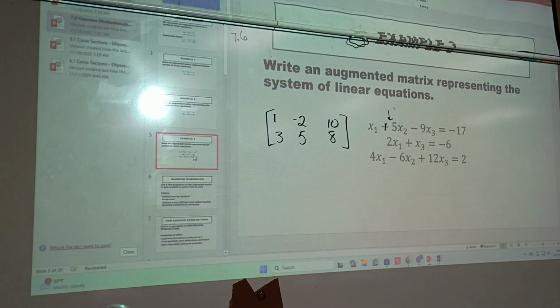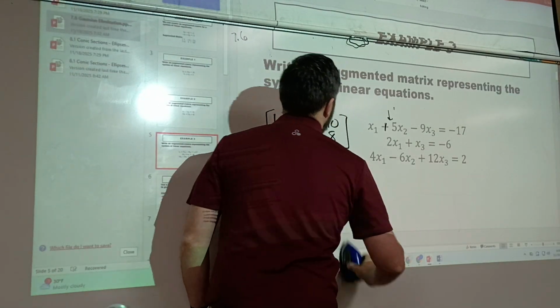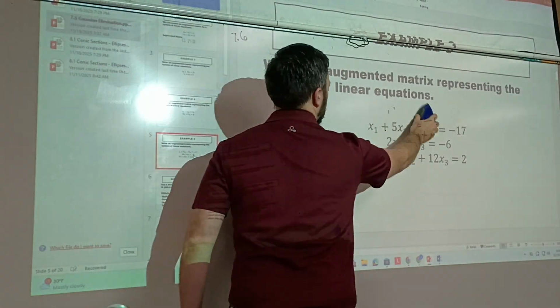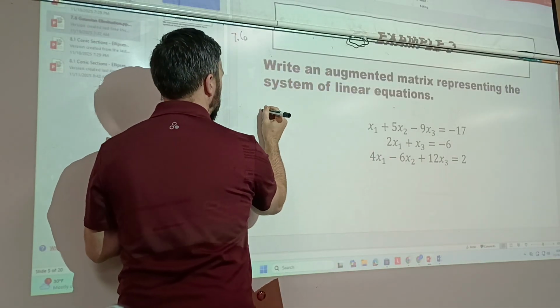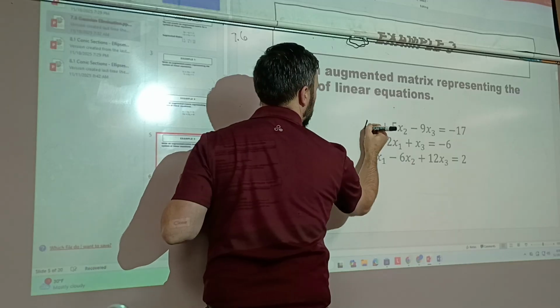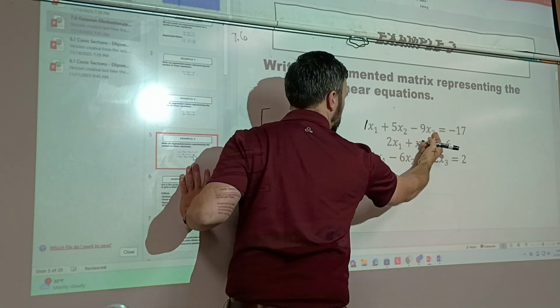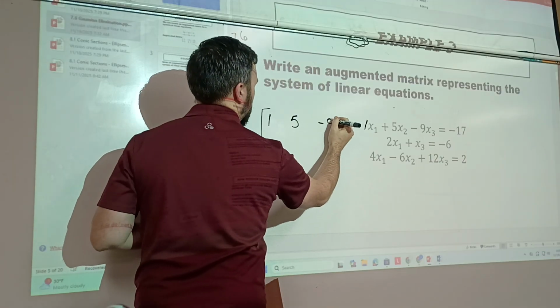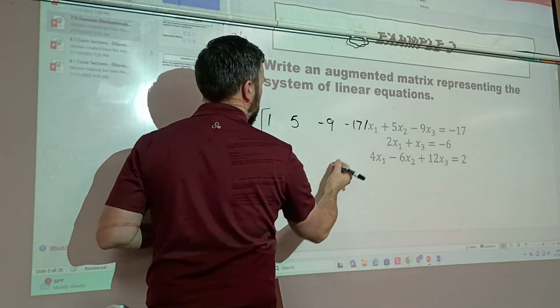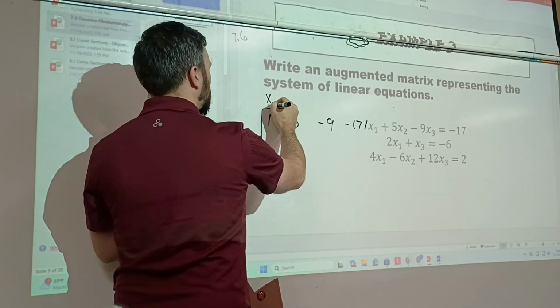All right. Uh-oh, what about this one? This one is an important one to talk about. When I turn this into a matrix, I'm going to have 1, 5, -9, -17. So this row is all my x1s.